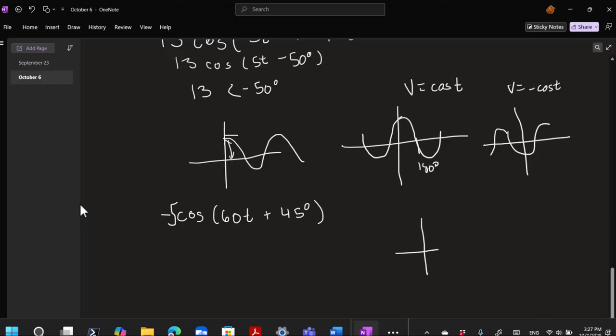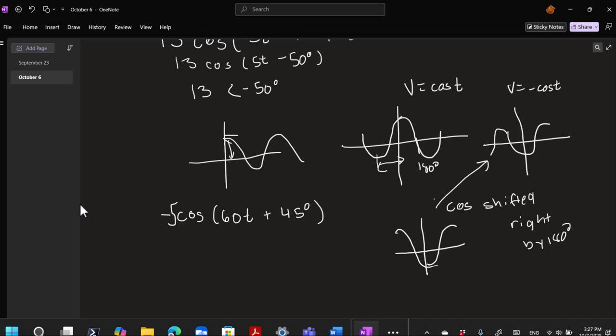Or if I look at this cosine graph and I shift it right by 180 degrees, I see that these two things look the same.